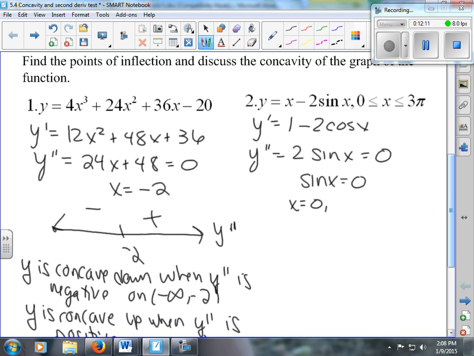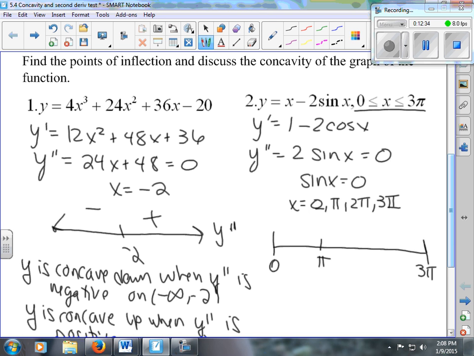This happens at multiples of pi. Notice that I have a domain restriction here, just because this problem would go on forever if not. So I'm only going to look between 0 and 3 pi. I got 0 and 3 pi, but those are endpoints, so I don't need to worry about them. And then I have pi and 2 pi.